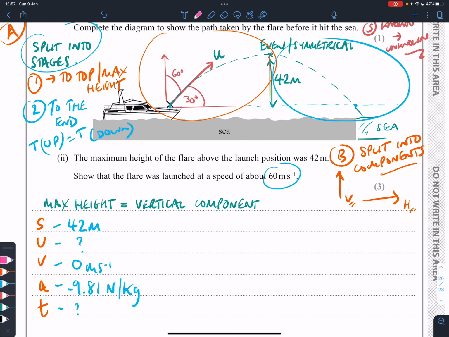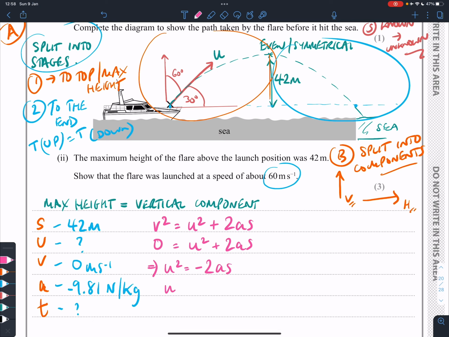We can use the SUVAT equation, which is V squared equals U squared plus 2AS. Rearranging with V being equal to 0, V squared is equal to 0, so 0 equals U squared plus 2AS. Rearranging, U squared is equal to minus 2AS.